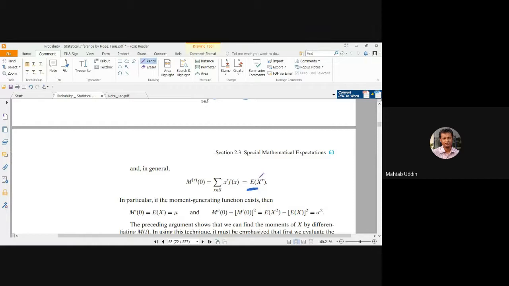Then, we know mu is equal to the expectation of x, but we got it as M prime 0. First differentiate it, then put t equal to 0.